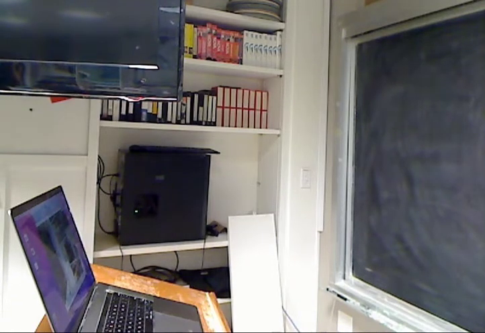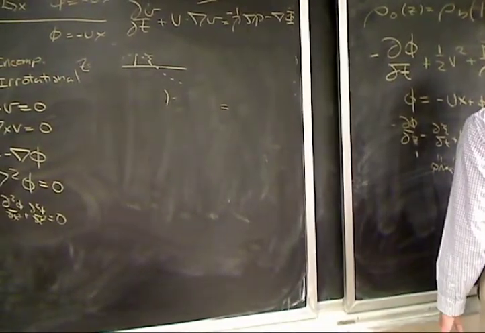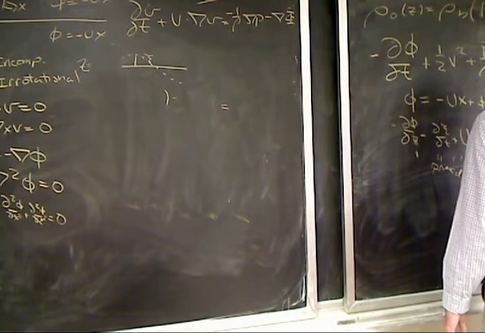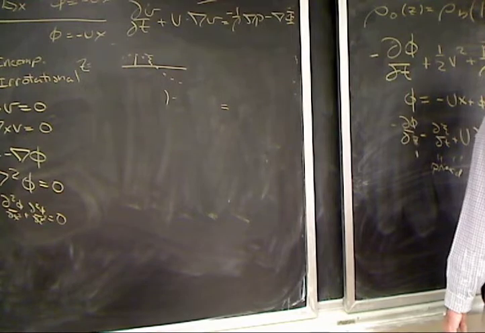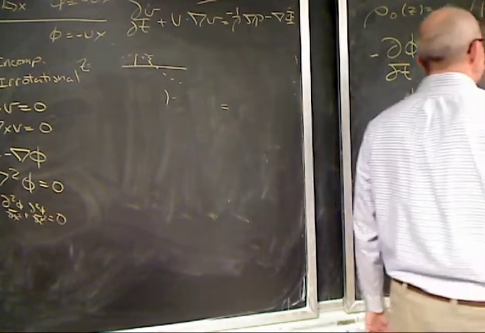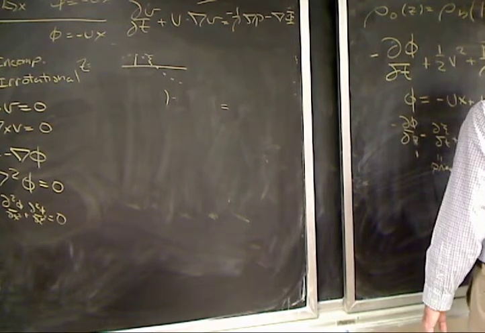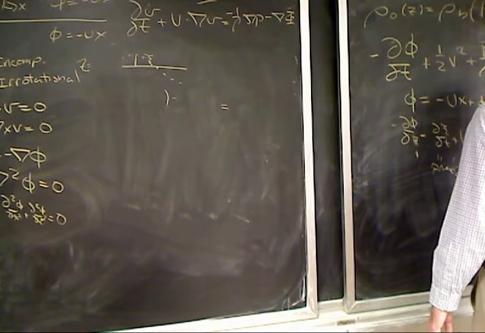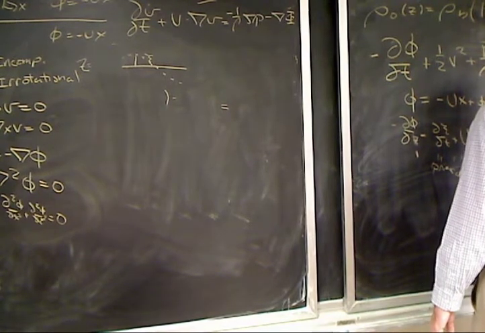Phi 1, I'm not sure why the book uses C and not B. It's a little annoying. i(kx minus omega t) minus kz z. And then phi prime is going to be c prime e to the i(kx minus omega t) minus kz z.